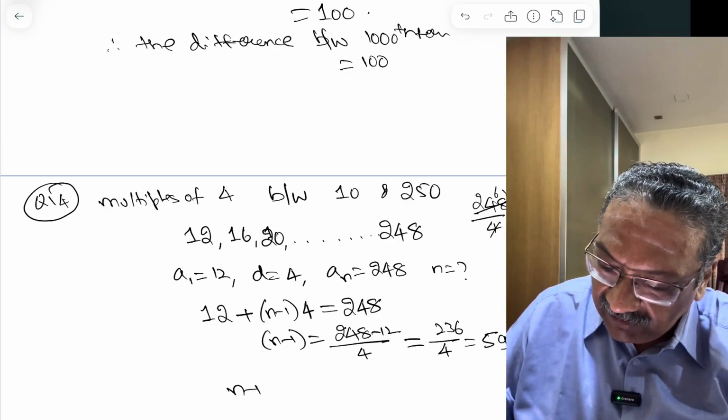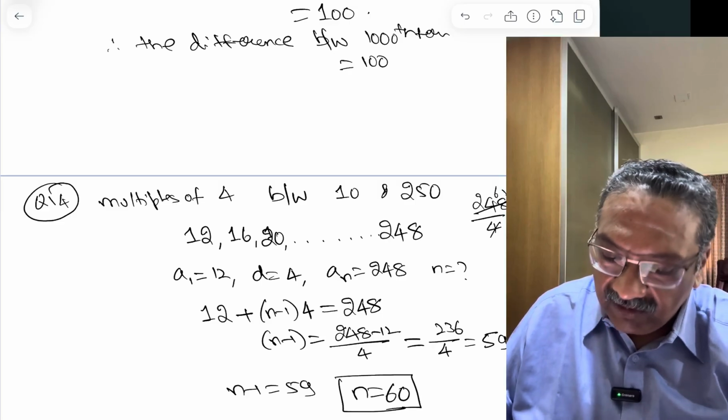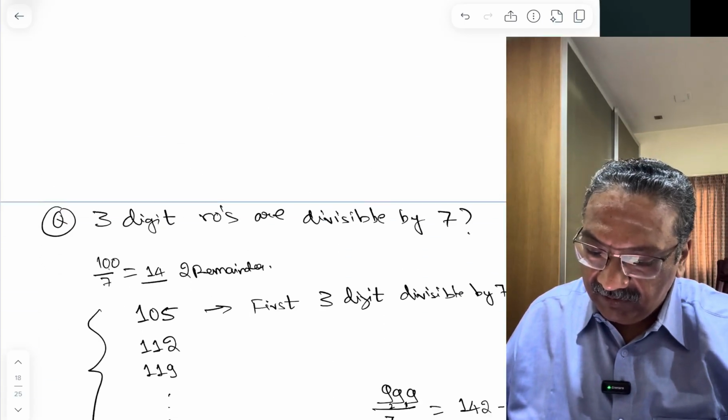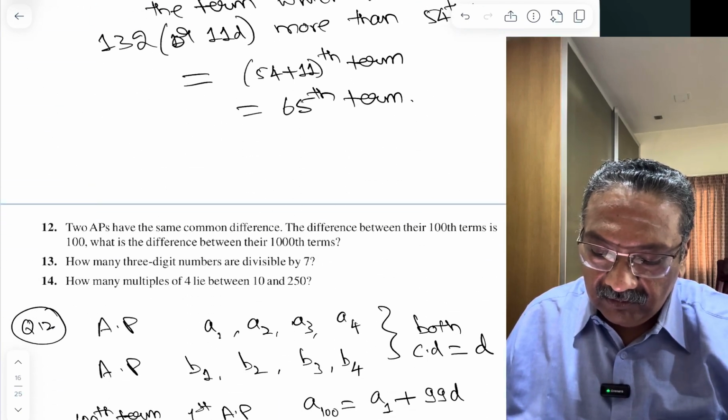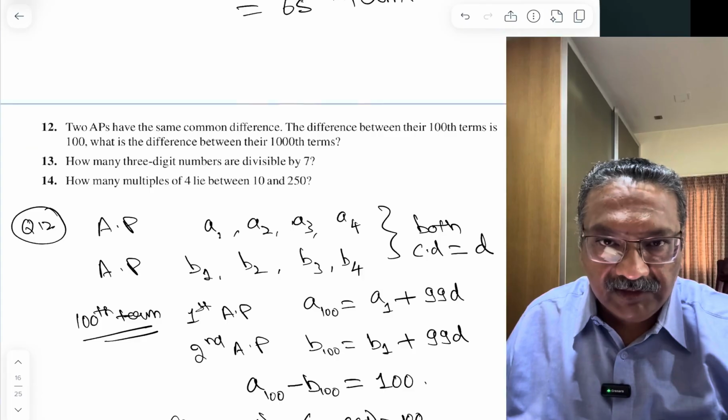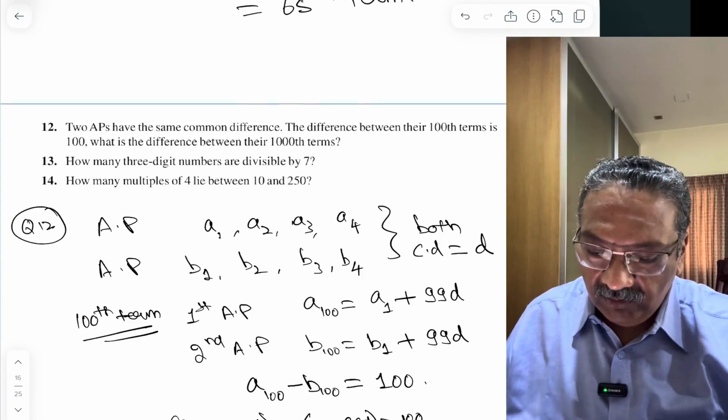So N minus 1 is equal to 59, N is equal to 60. So there are 60 numbers which are divisible by 4 lying between 10 and 250.